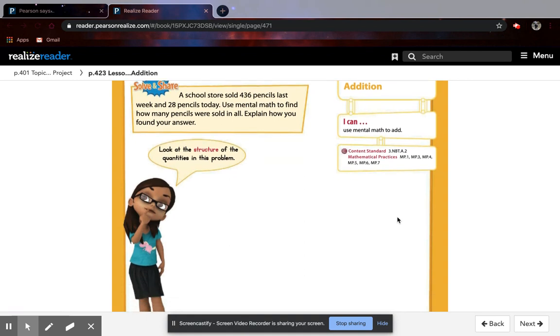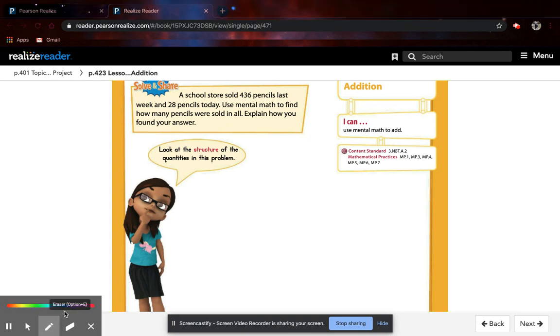Our solve and share. A school store sold 436 pencils last week and 28 pencils today. Use mental math to find how many pencils were sold in all. Explain how you found your answer. So, I'm going to show an example of work that you could have done for this.